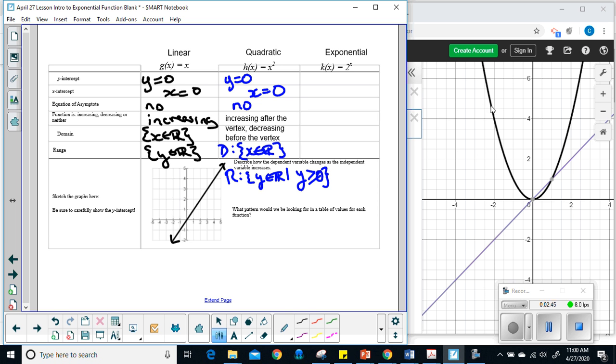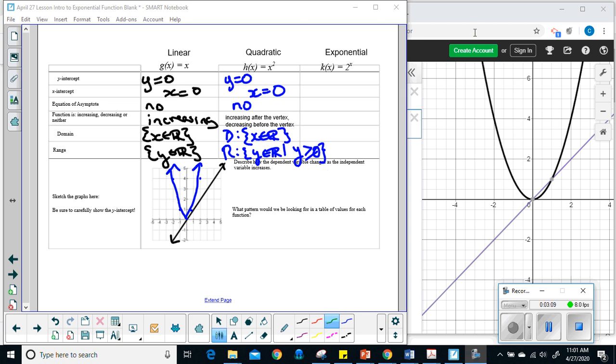Because our 0 is here, so y is everything bigger than 0. When you go to graph it, let's see, (0, 0), (1, 1), 2 squared is 4, (-1, 1), (-2, 4). And do a nice curvy, connect your dots, curvy as best you can. Okay, good.